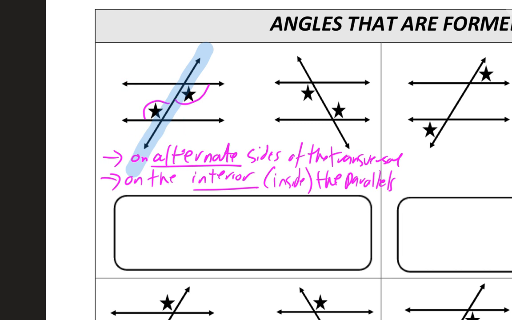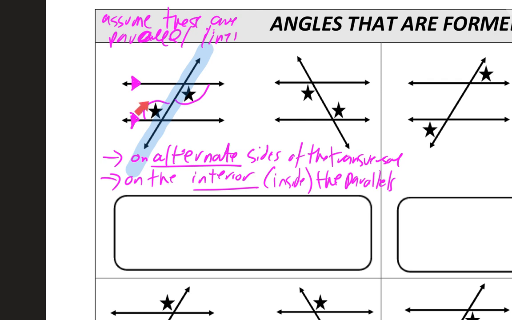We're looking for that symbol there, right? So we don't see that symbol, but I'm going to tell you that we're assuming that these are parallel lines.